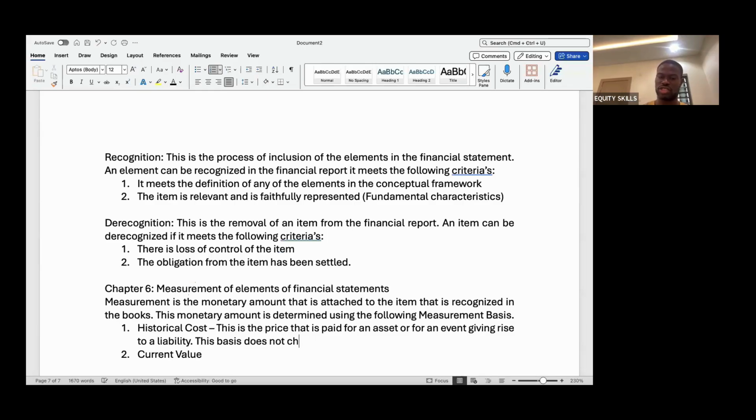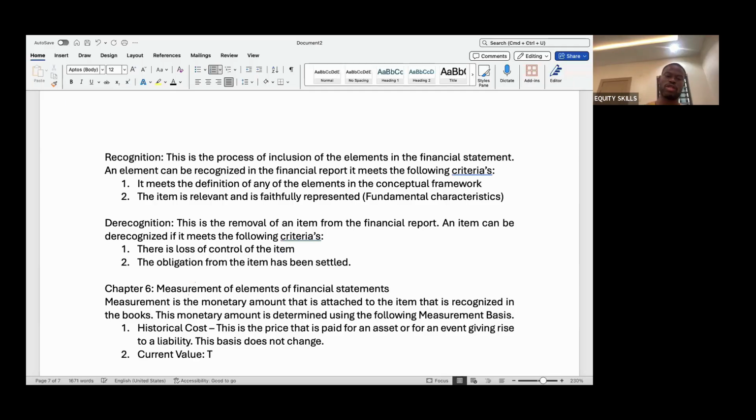The historical cost measurement basis does not change. As soon as you identify the price that is paid for an asset and you put it in your books at that basis using historical cost, that is what it will be all through. It won't change.